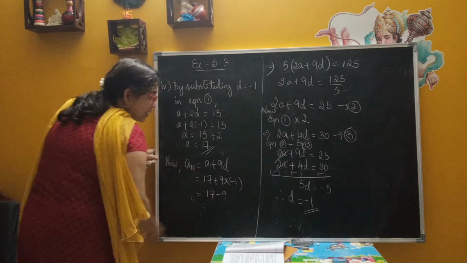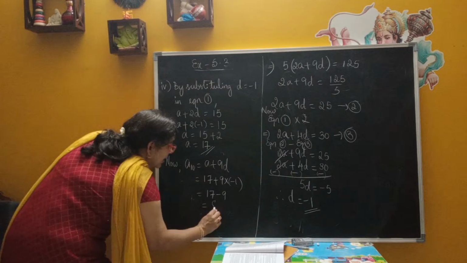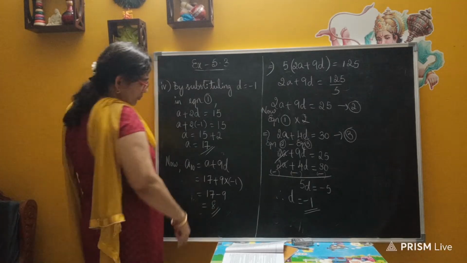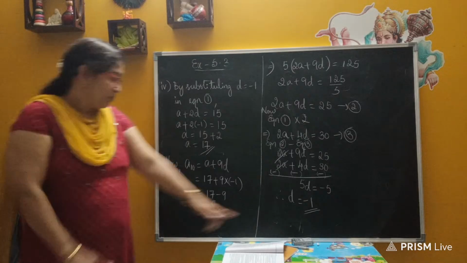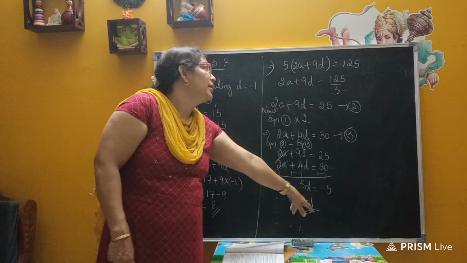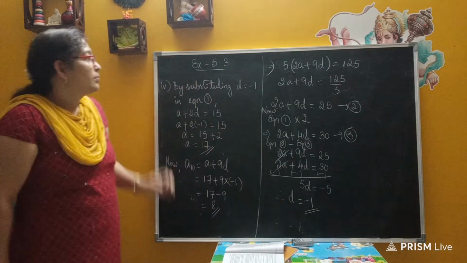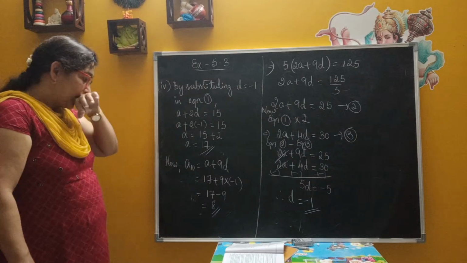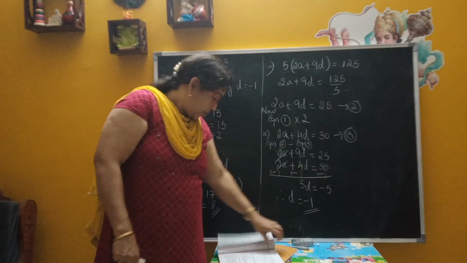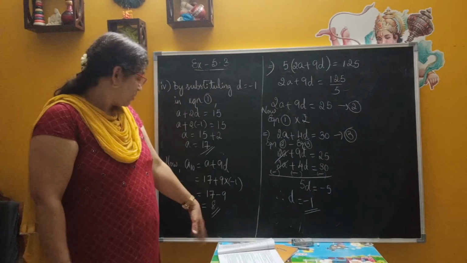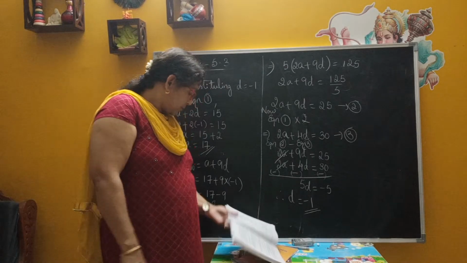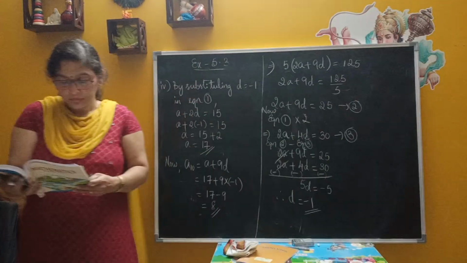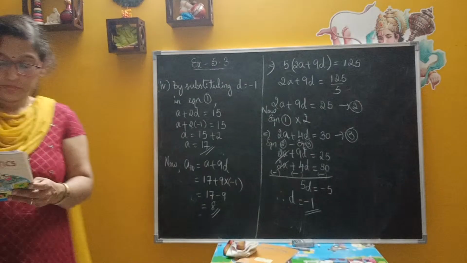It is 8. Okay, so the A10 value is 8. See, we got a negative value here because it is in decreasing order only, isn't it? So we finished the fourth sum. Now let us go with one more sum in this main.